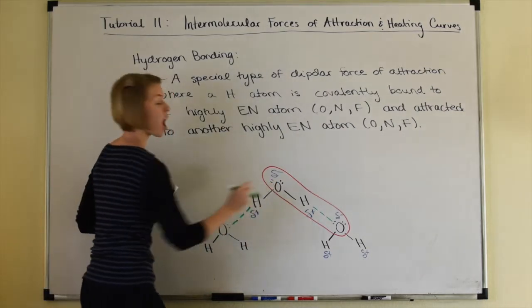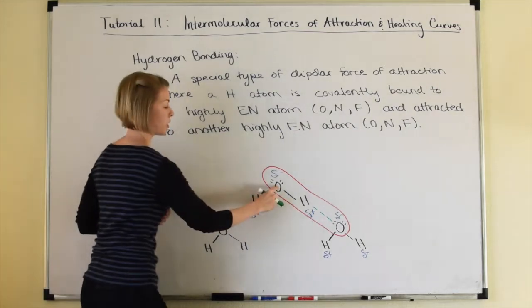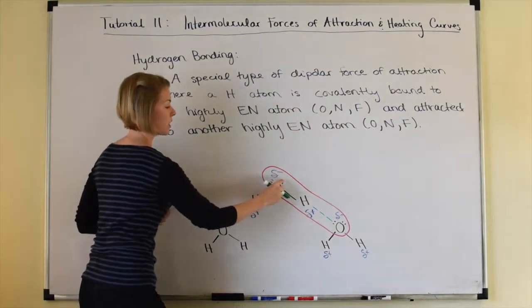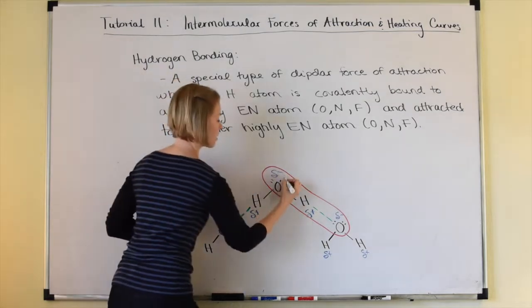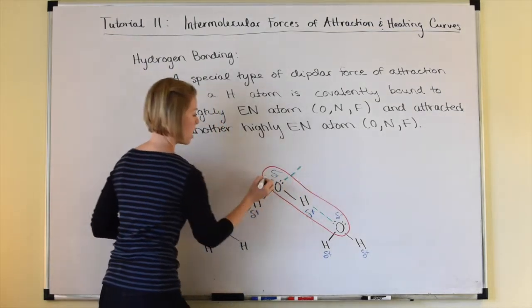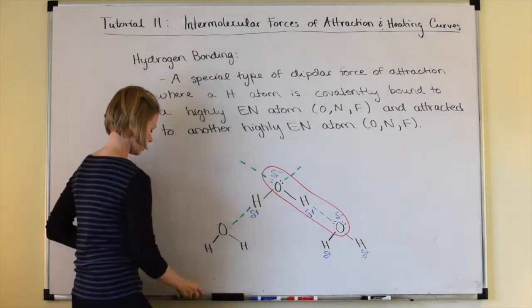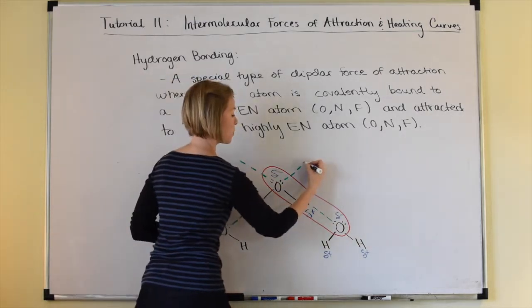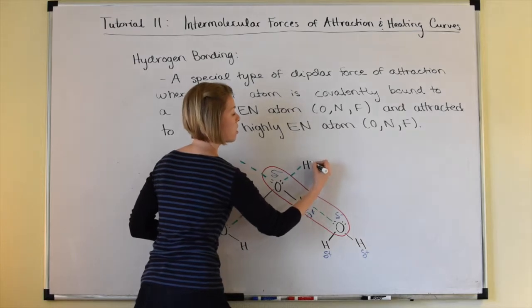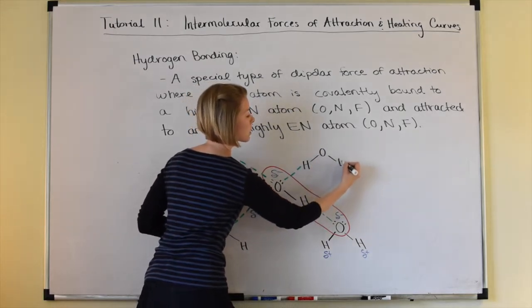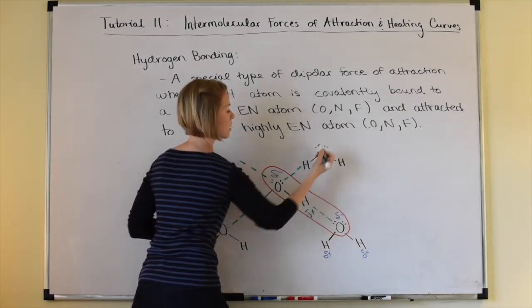But notice our oxygen can also participate. Each lone pair of electrons can be lent to the formation of another hydrogen bond. Let's go ahead and draw. This time it would be attracting the hydrogen from another water molecule, like so.